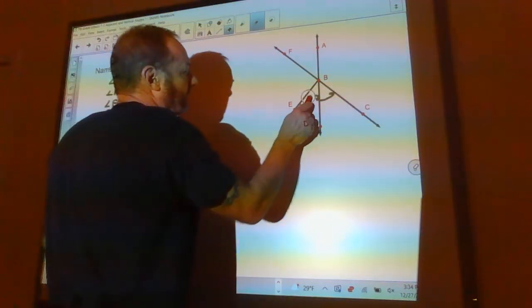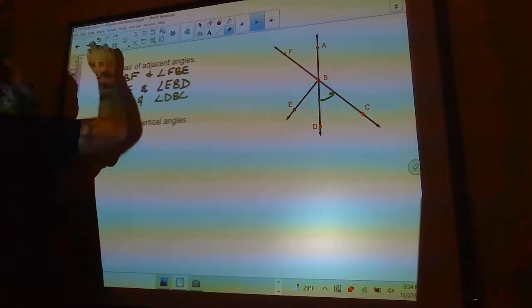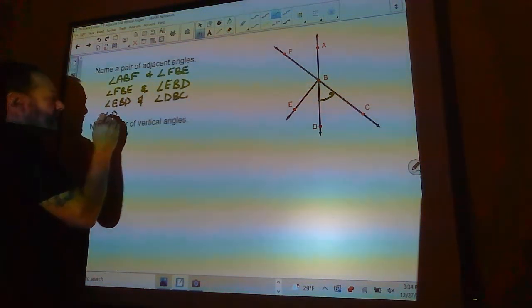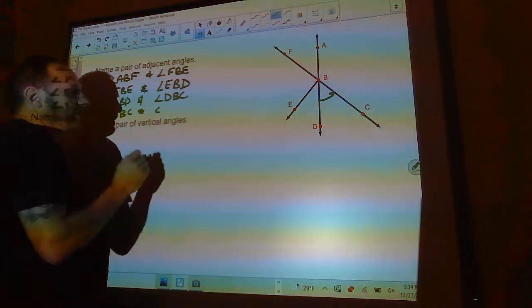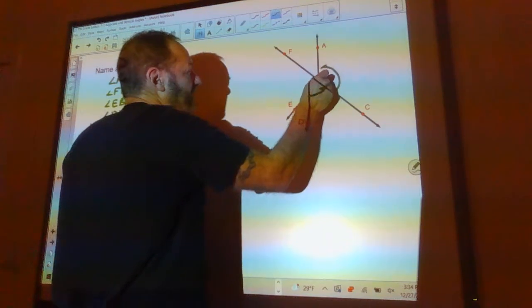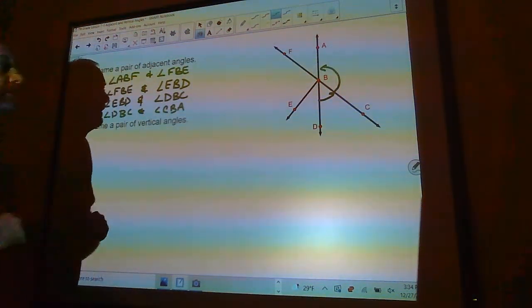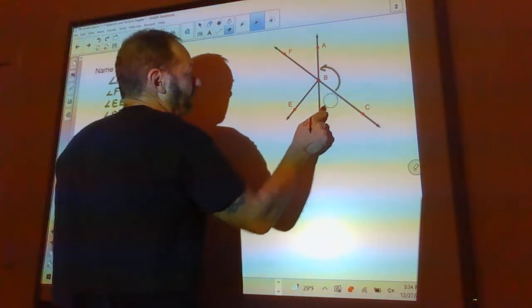You can see I'm kind of working my way around here. I could have angle DBC and angle CBA. And then there's one more that I could do if I ignore this one.